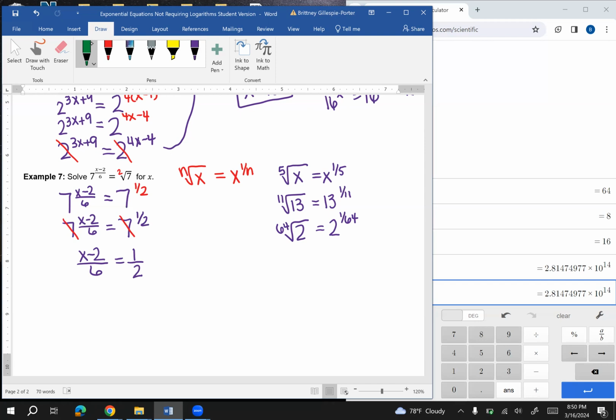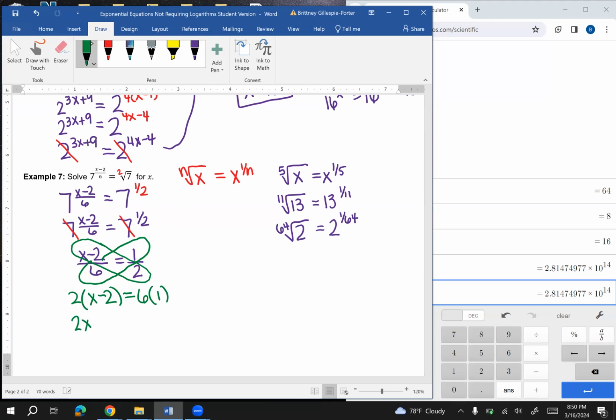And if you really want to go old school, you would find the LCD of both sides to clear out your fractions. But cross multiplication says if we take 2 times x minus 2, that better be equal to the other side multiplied, 6 times 1.